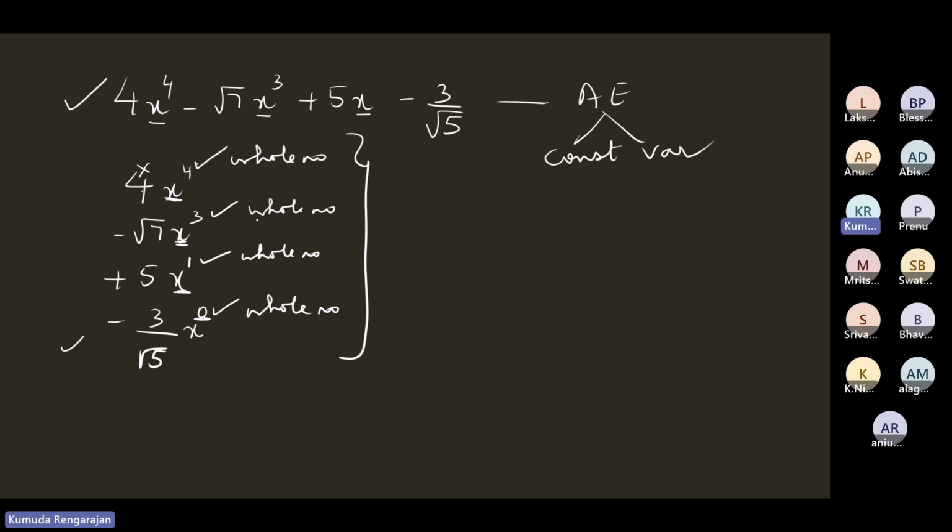In any case, it is an algebraic expression, whether the powers are whole numbers or not. But if it should be called a polynomial, then in every term, the power of x should be a whole number. Now here it is a whole number everywhere. Therefore, the given expression is a polynomial.